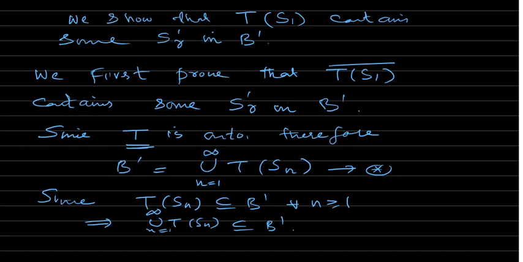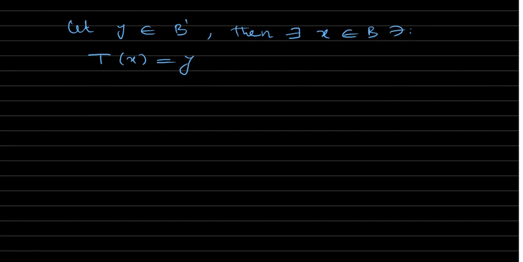So let's prove the reverse inclusion. So assume, let's take any point y in B prime. So we have to apply the ontoness. Then there exists some x in B such that T of x is equal to y.